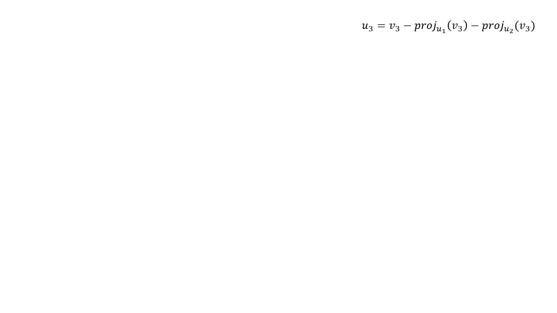Here's my example for 3 vectors. I'm assuming we've already done the first 2 steps. So we've created u1 and u2. We started with v1, v2, and v3, but we've created u1, which equals v1, and then we've created u2 using the process from the previous slide.